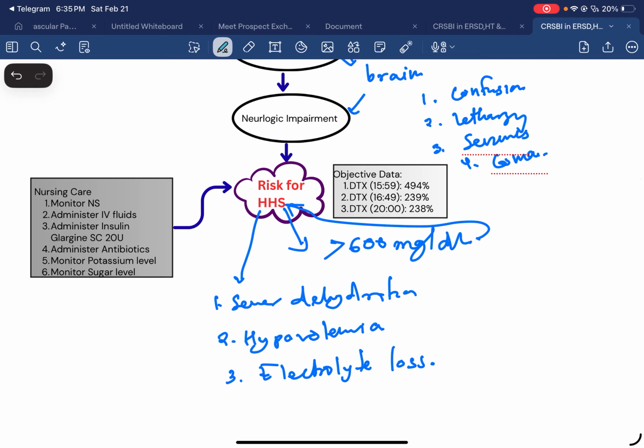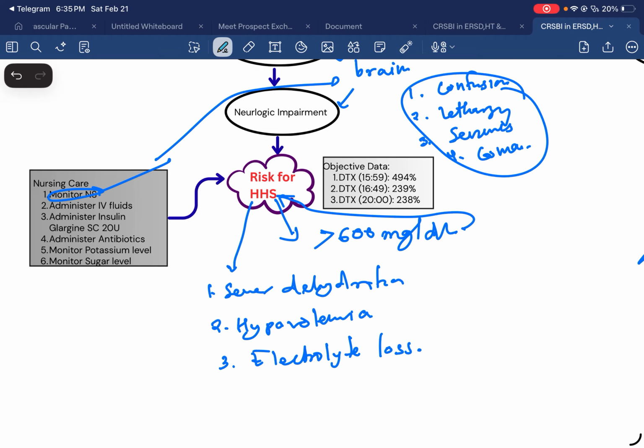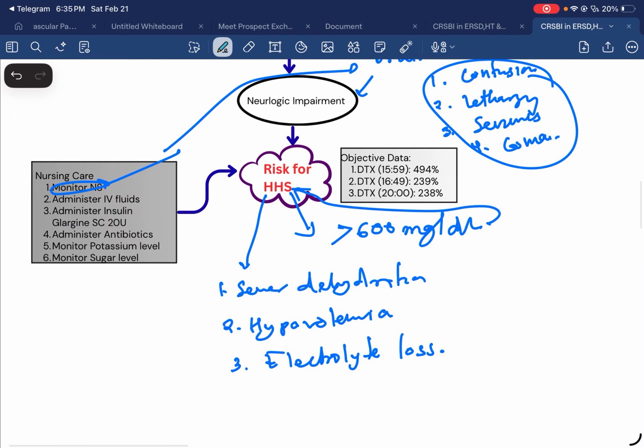Therefore, in this patient, it is important to monitor neuro status because there is dehydration in the brain, and the patient exhibits signs such as confusion, lethargy, seizures, and coma. And in HHS, it is important to give fluids first before insulin.